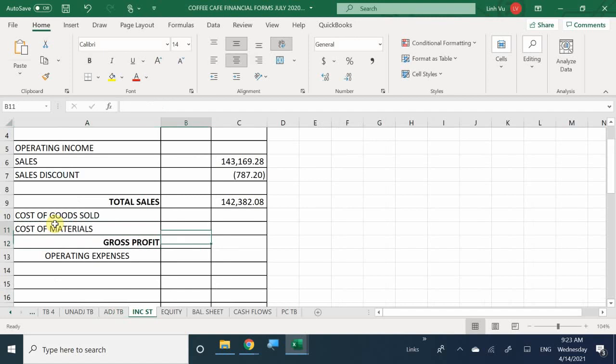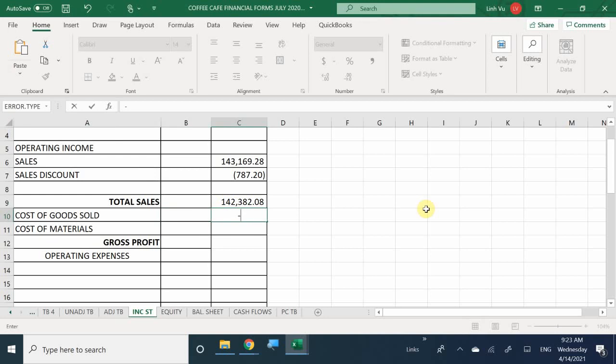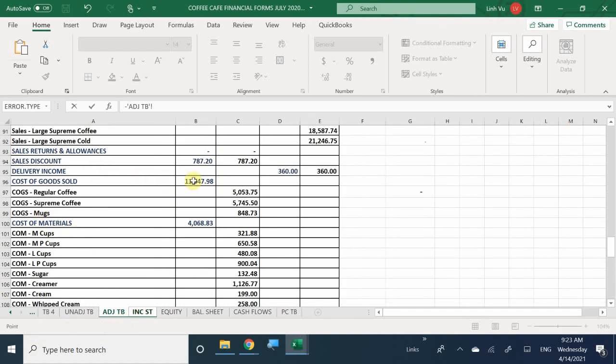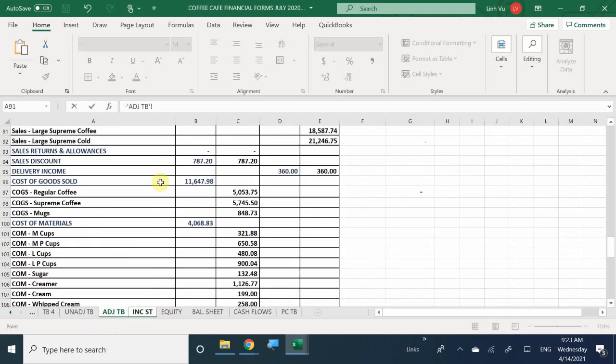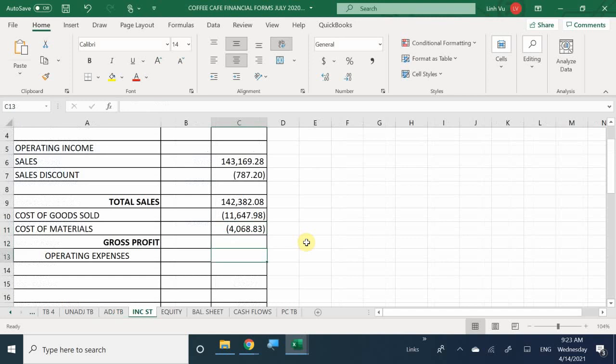So these balances are going to subtract away from our sales. So what was my cost of goods sold? 11,647.92. Good. And lastly, what is my cost of material? 4,068.83.